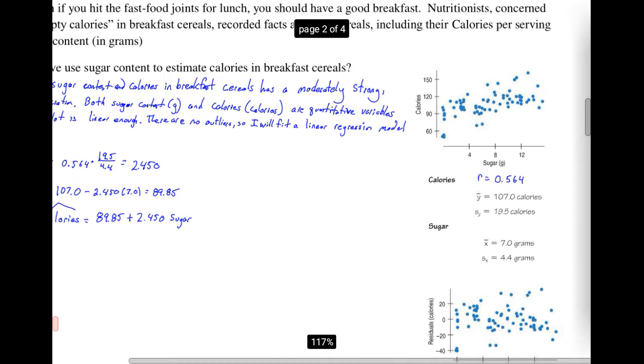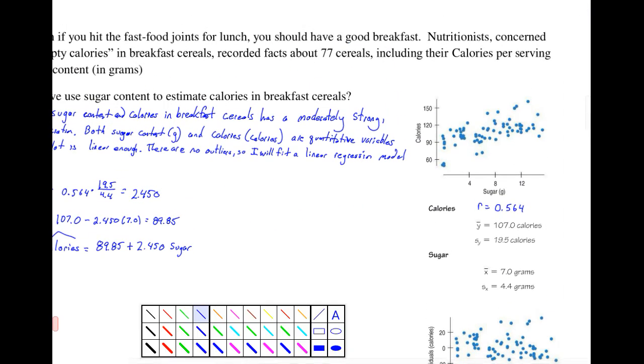And we don't know exactly where this goes. We could put a couple values in. Honestly, we could put in 0 grams of sugar, and we know 0 grams would start at about there, right about 90. And we could do 4 grams to see where that would get, and then put our line in. But we know it's going to start somewhere like that.